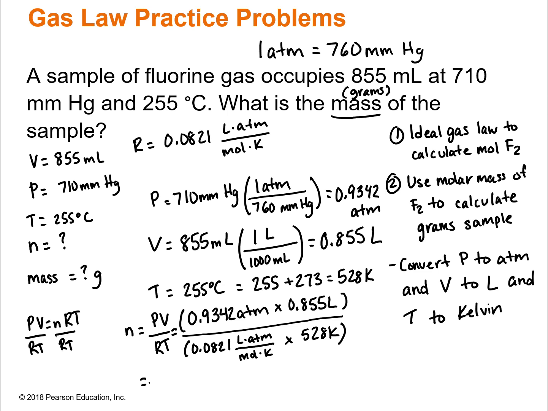And what you should get for N, there's quite a few numbers there, but we'll only take that many. So that's the number of moles of fluorine gas. Remember, fluorine gas is one of those diatomic molecules. So it is F2. That's important for calculating the molar mass.